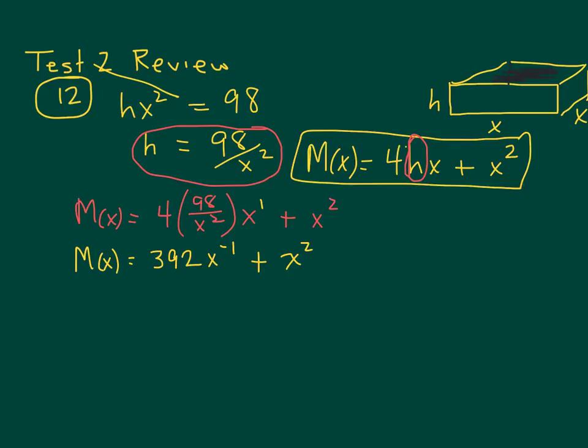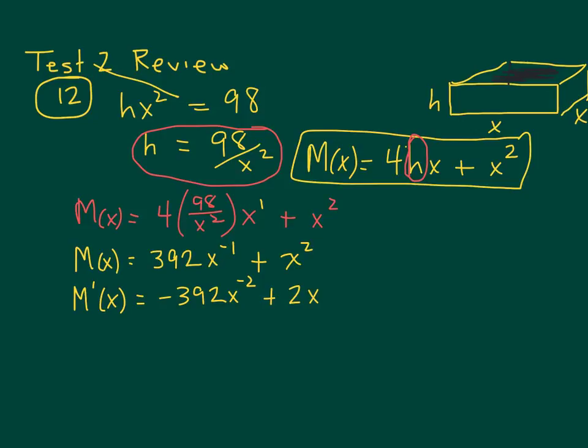And now, once we've got that algebra cleaned up a bit, we want to take the derivative of this function. So the derivative here, m prime of x, is negative 392 x to negative 2 plus 2x.